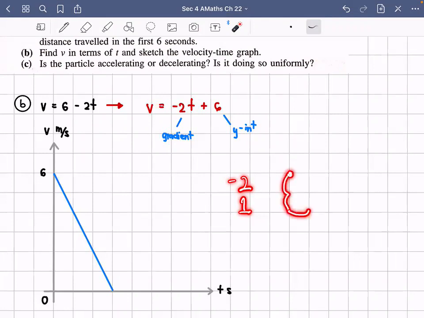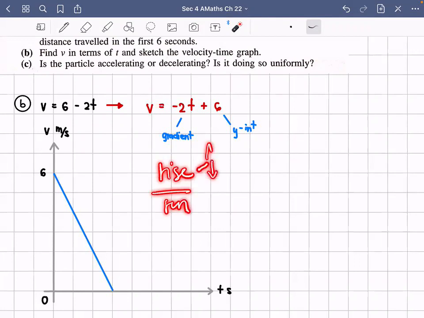and then 1 unit here. That's why it's rise over run. Rise means going up or going down, and run means going left or going right. So in this case, we start from here. Since this is -2 over 1, we go down 1, 2 steps, and then another step to the right because you have your positive 1 right here.